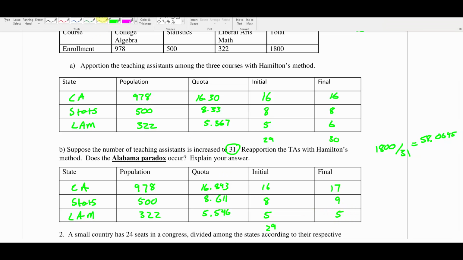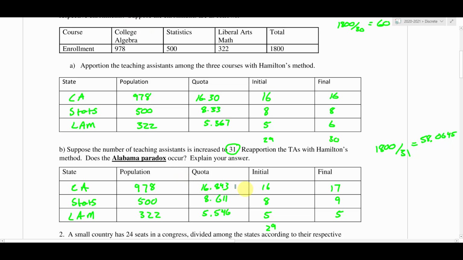Okay. I'm going to grab my highlighter here because I want to demonstrate what happened and where the issue is occurring. Before, when we had 30 teaching assistants, liberal arts math got 6 of the teaching assistants. When we increased the number of teaching assistants to 31, liberal arts math went back down to 5. So by increasing the number of teaching assistants, we actually screwed over liberal arts math and caused them to lose one of their teaching assistants.